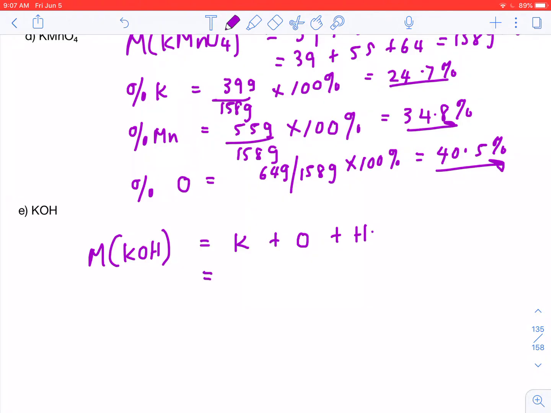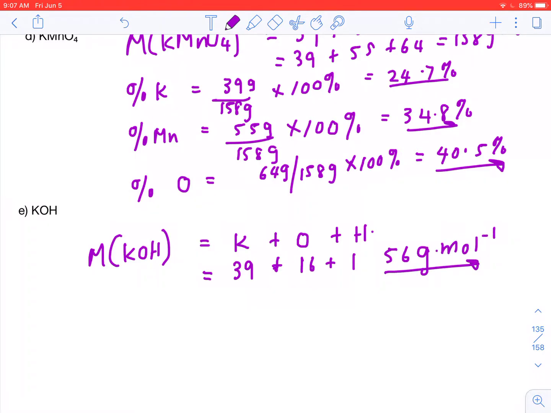So this gives me 39 plus 16 plus 1, okay, and that gives us 56 grams per mole.